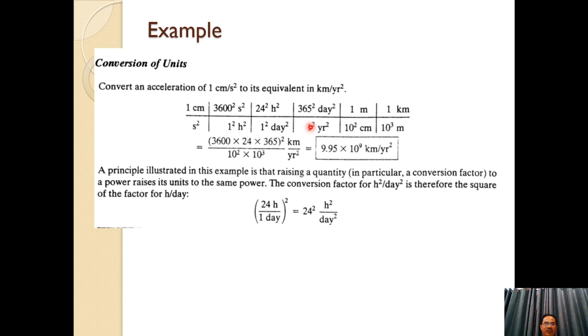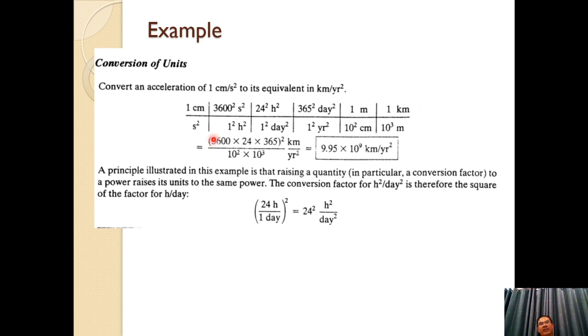This example shows you how to convert an acceleration of 1 centimeter per second square to its equivalent in kilometer per year square. We have to use conversion factors to change from centimeter per second square to kilometer per year square. The first step, we change the unit of time, from second to year.